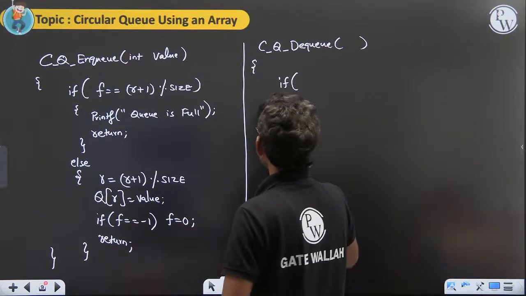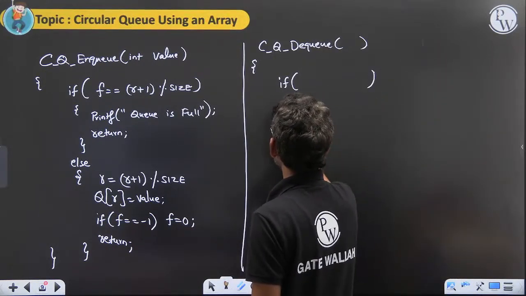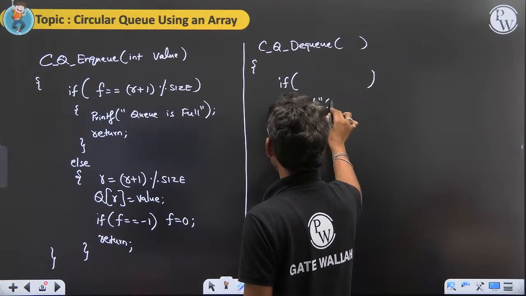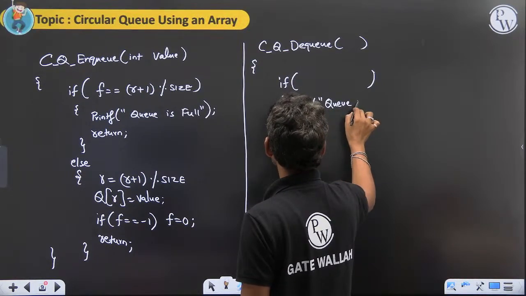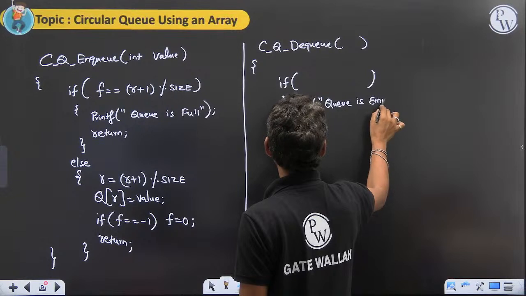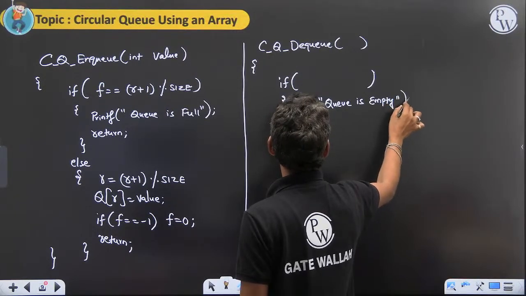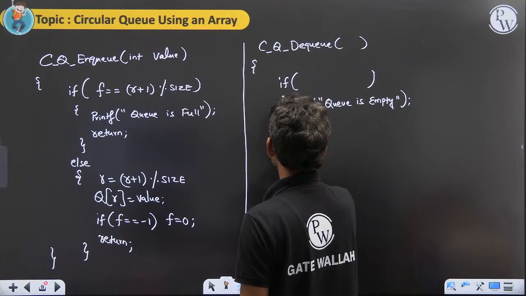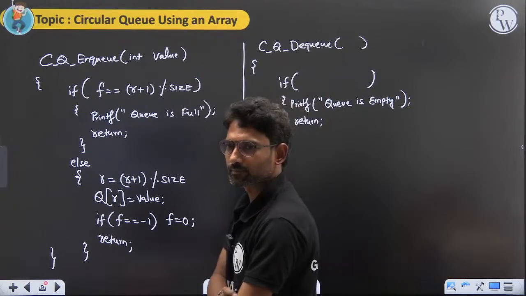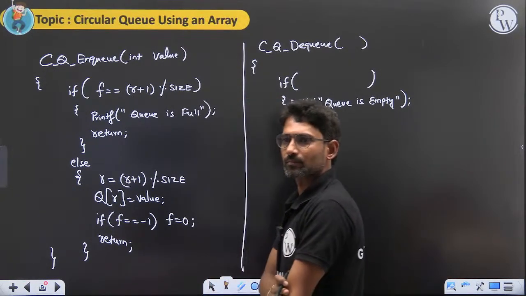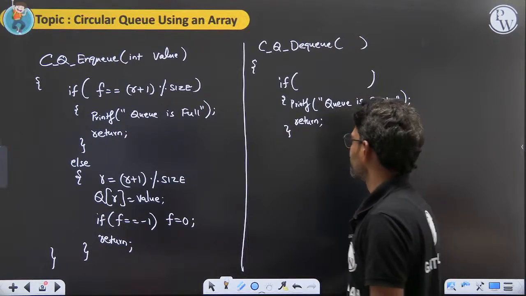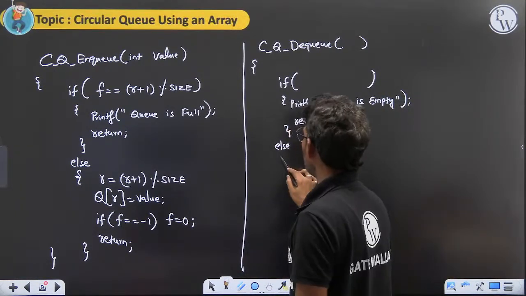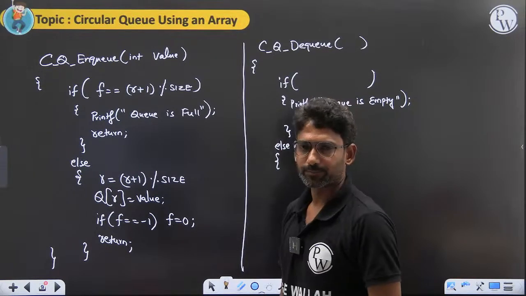After writing a certain condition, I will realize the queue is empty, return. Else, we will be able to perform deletion.